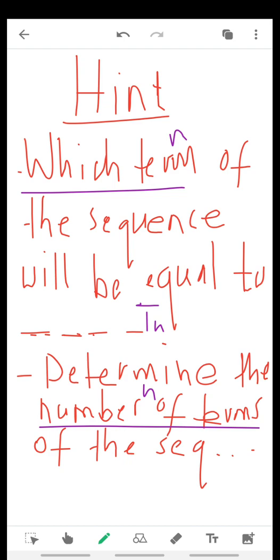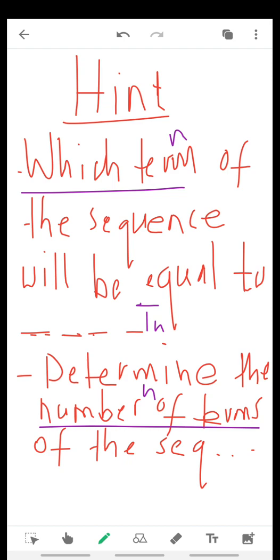So in a way they are saying the value of the term is 250, but we want to know which position will be giving us 250. Hence they say which term. So if maybe your n is equal to 17, that means T17 will be equal to 250. That is, the 17th position will be equal to 250.